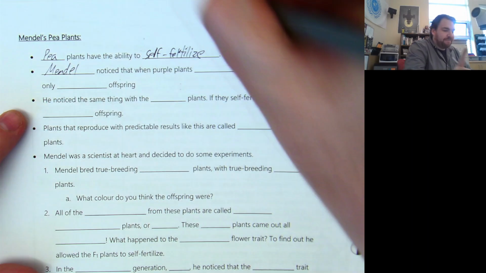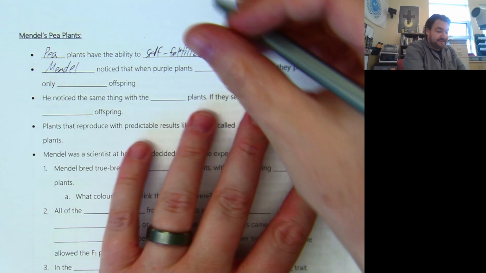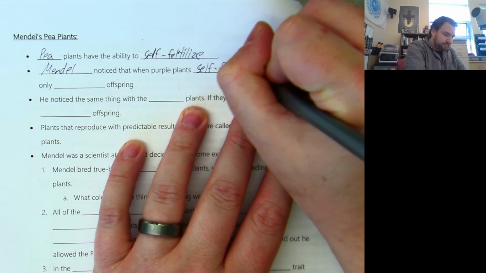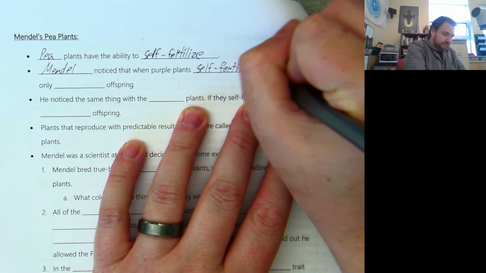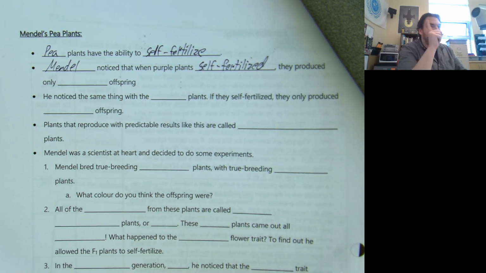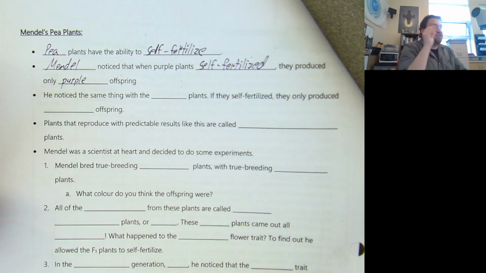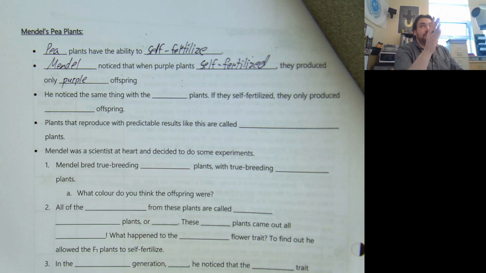What he noticed is that when purple plants self-fertilized, they produced only purple offspring. So he was looking just at a single trait. He was just looking at the color of the flower.